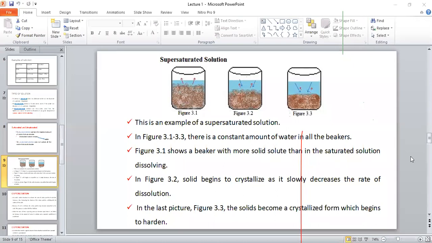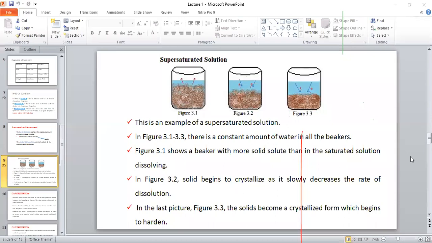So now, what do I mean by solid solute? What you're taking to dissolve is a solid you want to put in a solvent. When that solid dissolves in the solvent, it becomes a solute. So the solute is the part of the particle that has dissolved in the solvent. You will see the difference between a solid and a solute here as I go on in this supersaturated solution.